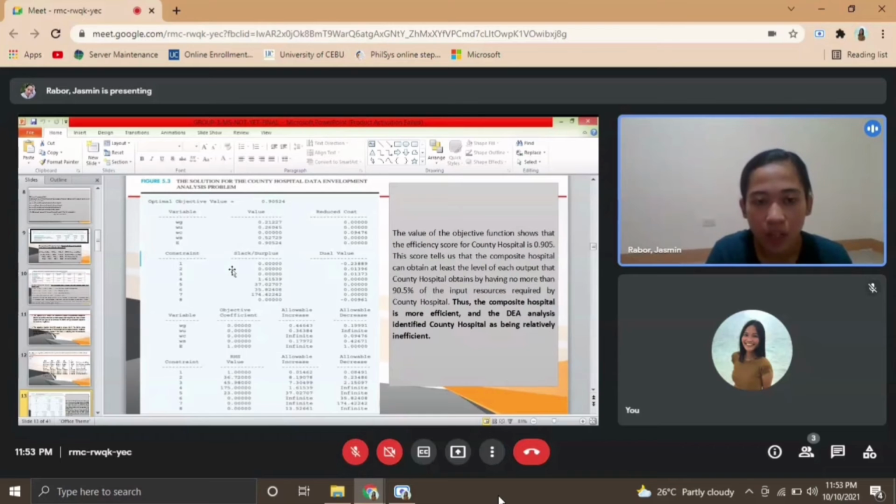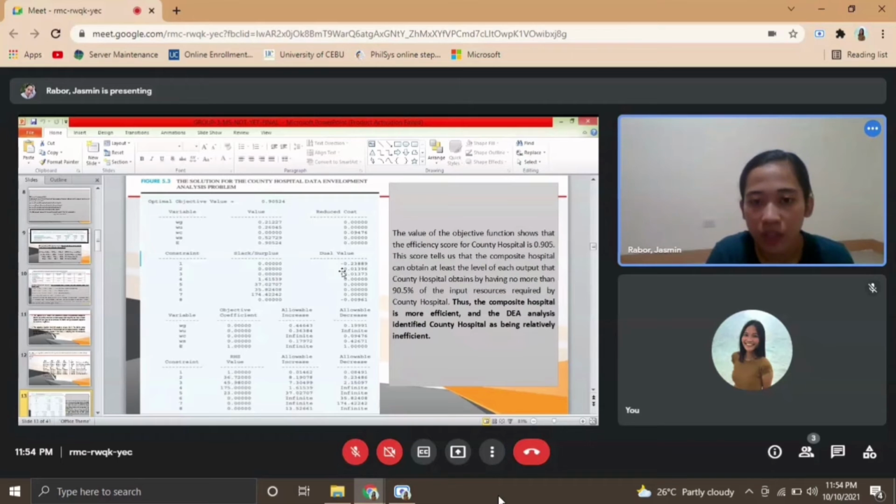So, ang county hospital, iyang value na kay 0 kay it is already judged as relatively inefficient. Unya, ang nainabilin nga 3 for the value sa general, university og state, if i-add ni nato silang tulo kay mo equal ni siya sa 1.